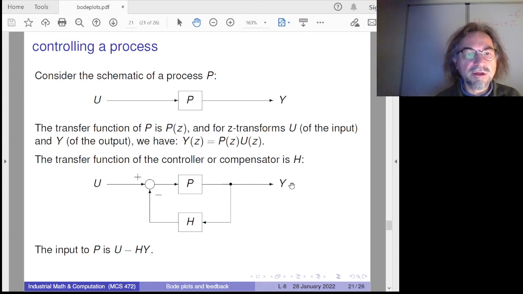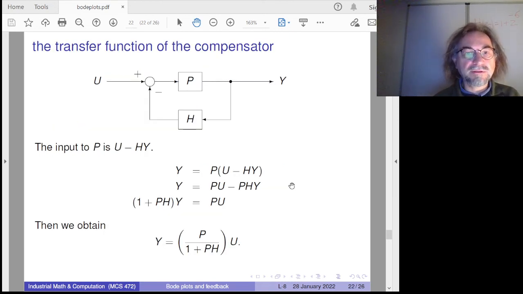So we can mathematically work with the closed loop system, and now we have another process.